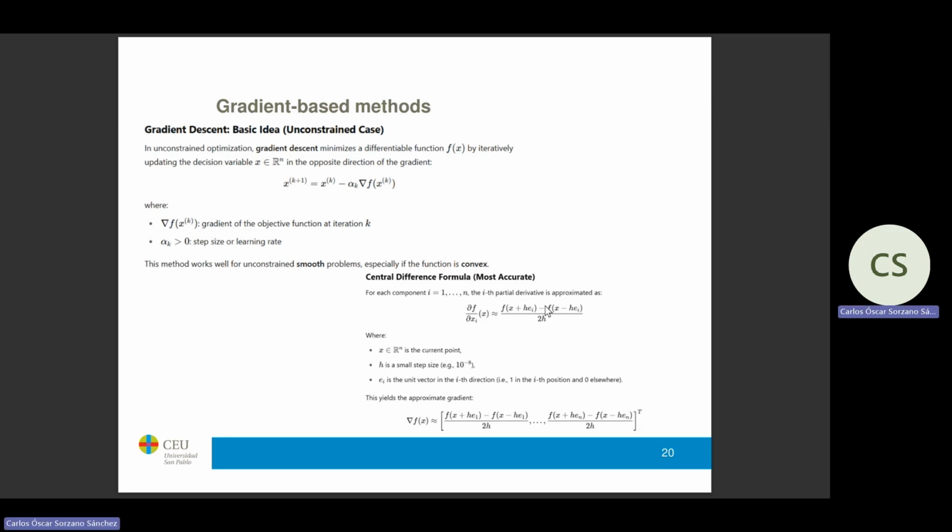If you don't have explicit gradients, you can compute the gradient analytically, or you can compute it numerically. To compute it numerically, you are at a point x, which is a vector.